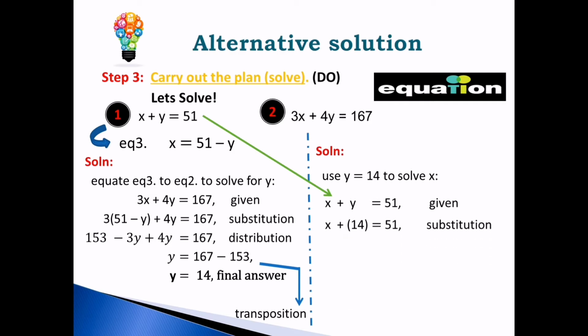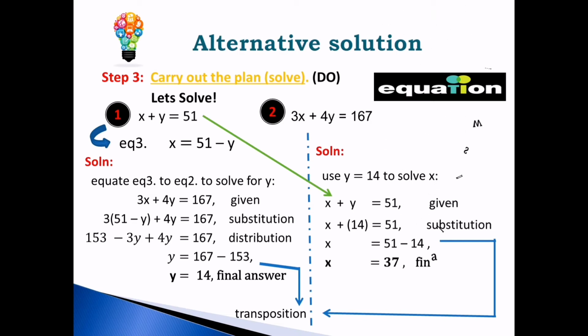After this, I'm going to transpose 14 to the other side. It becomes negative, and after that, you're going to subtract them. So the final answer is 37, which is the same as the previous answer. So again, we're able to find the values of these two variables by simply using equation 1.